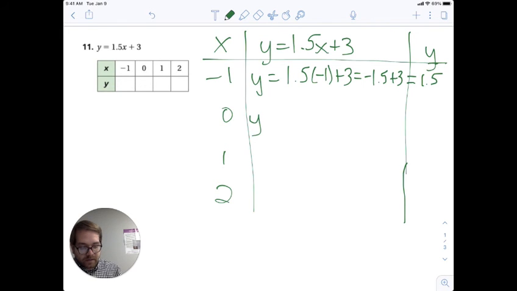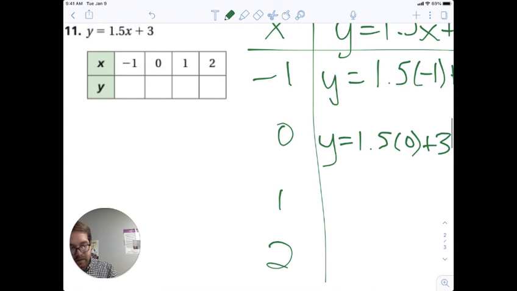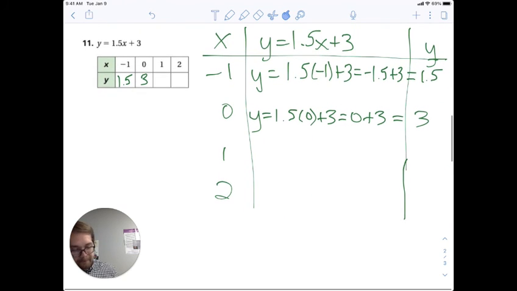Do the same thing for 0. Y is equal to 1.5 times 0 plus 3. 1.5 times 0 is 0 plus 3 is equal to 3. Oh, I guess I didn't put this in over here. You could do it all at the end too if you wanted to. Then I'm going to plug in 1.